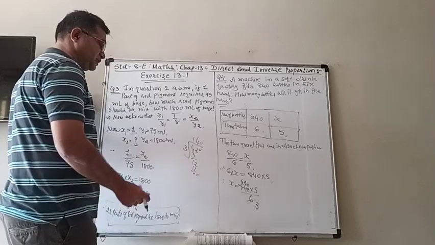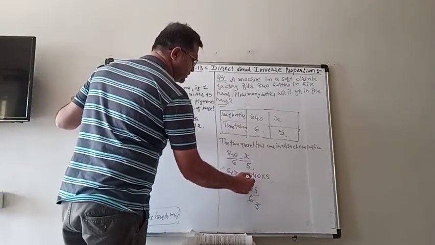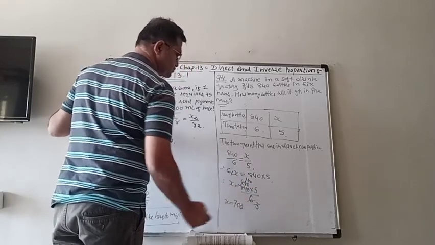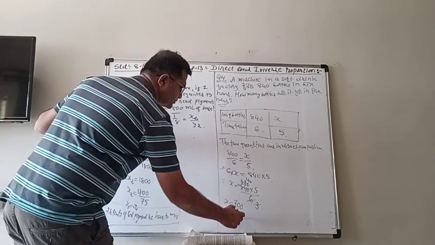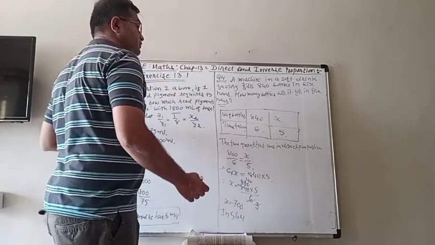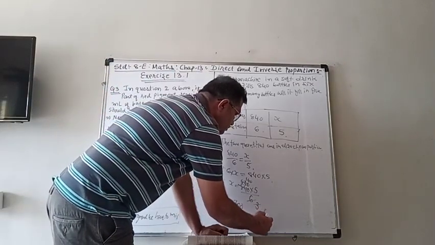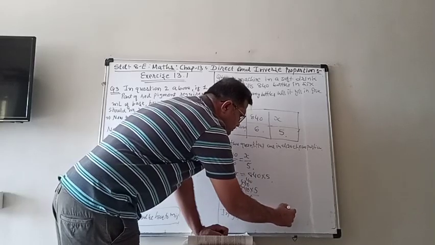So 140. So 140 multiplied by 5. So 700. So therefore, in 5 hours, it will fill 700 bottles.